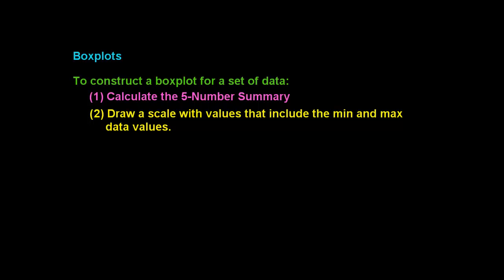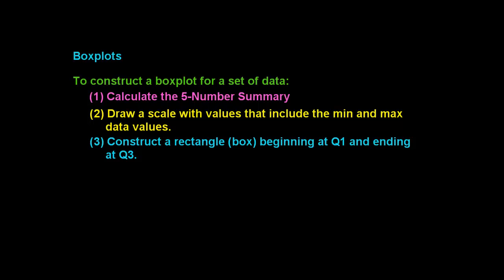For example, if your minimum value is 21, you might go to 20 to start your scale, or something below that. If your minimum value is 110, you might start at 100 and go to your highest value. That's a choice, as long as it includes the min and max, and you really don't need values much beyond the max or below the min.